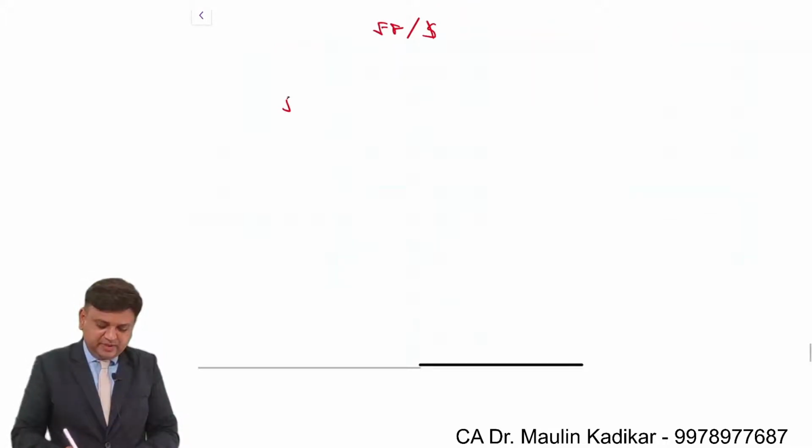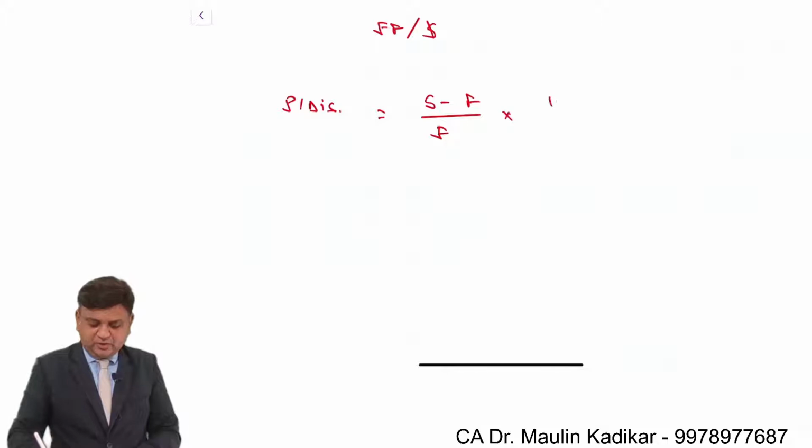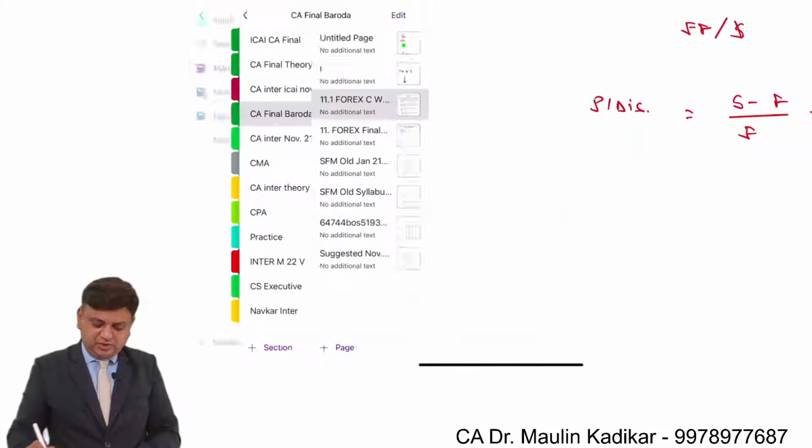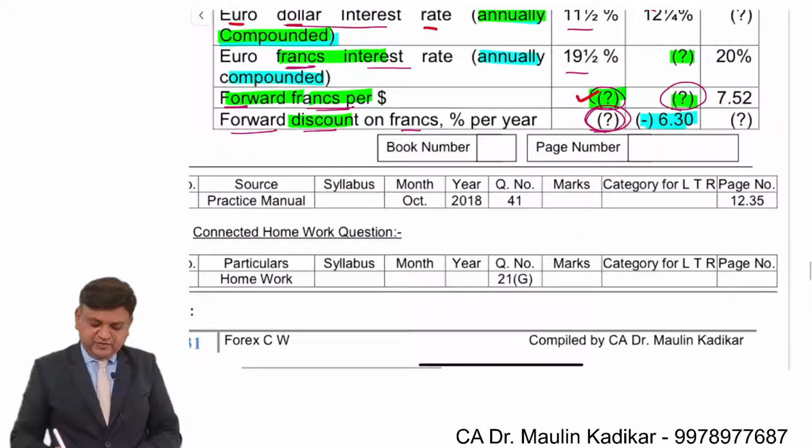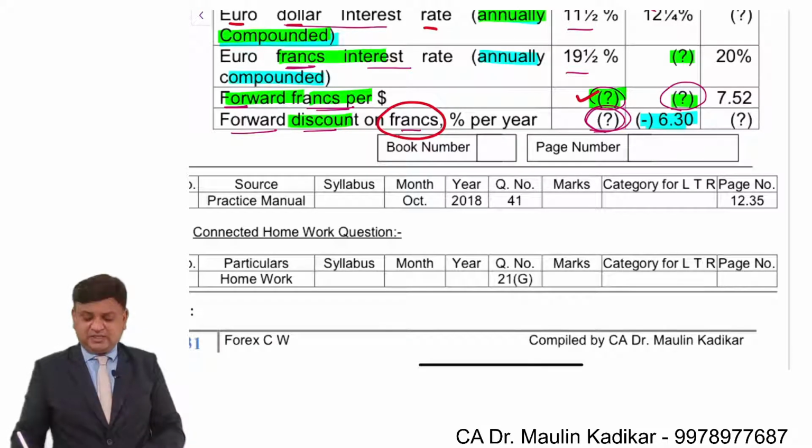In that, the premium slash discount is equal to spot minus forward upon forward into 12 divided by n into 100. Dear students, over here we have been provided with the premium slash discount for the French franc currency, so we are required to use the formula spot minus forward upon forward.